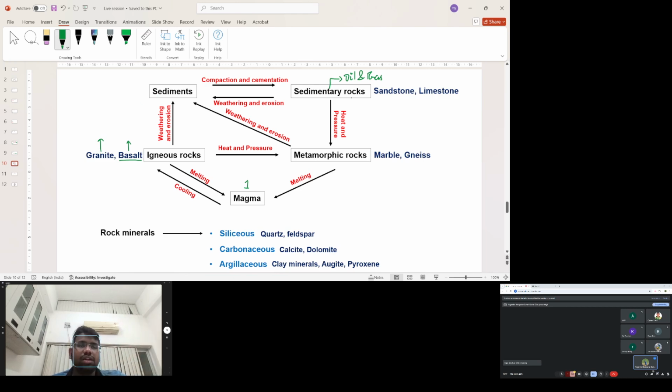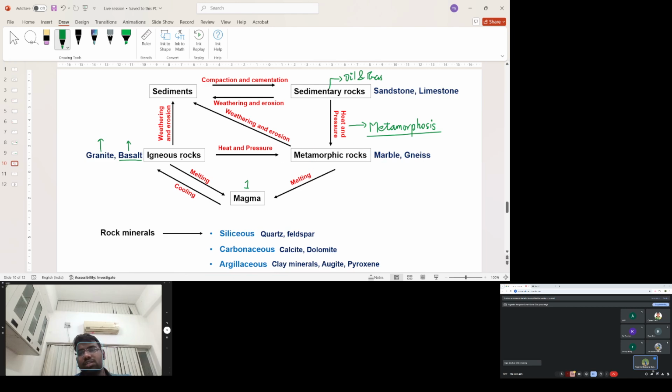And when these sedimentary rocks are subjected to heat and pressure, that is temperature and pressure, what is this process known as? It is known as metamorphism. So due to the action of heat and pressure, it will form metamorphic rocks.